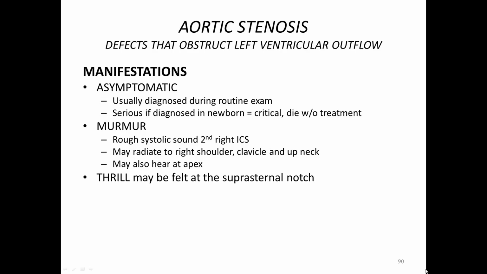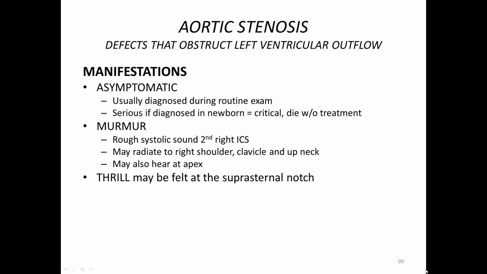Once they get a little bit older, they need more cardiac output to meet the demands, and the heart cannot supply that cardiac output. So these children will begin to have signs and symptoms related to that. Typically they get evaluated because they come in to see their primary care provider, and a murmur is heard.